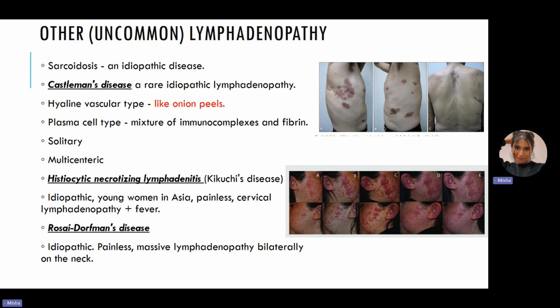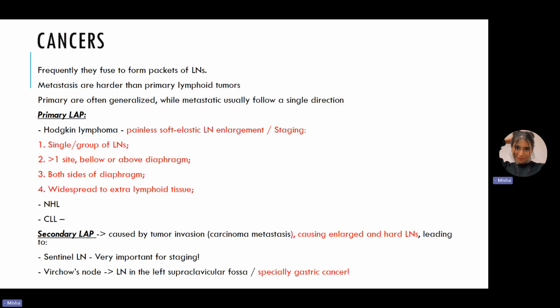It has massive lymphadenopathy and is bilateral on the neck. It is always bilateral, so remember that, and it is present on the neck. In the histology, we can actually see macrophages in the sinuses with intact lymphocytes in the cytoplasm, and this is called emperipolesis.